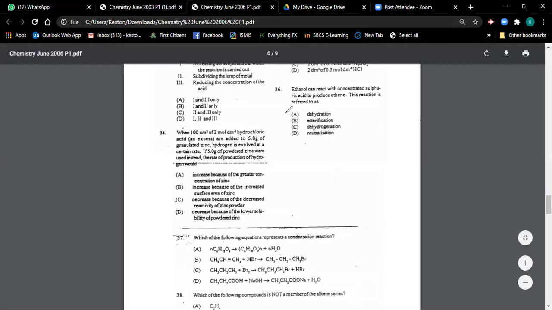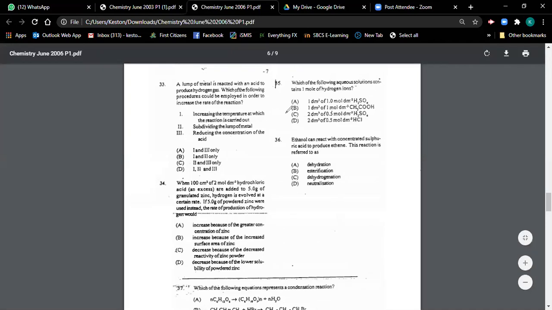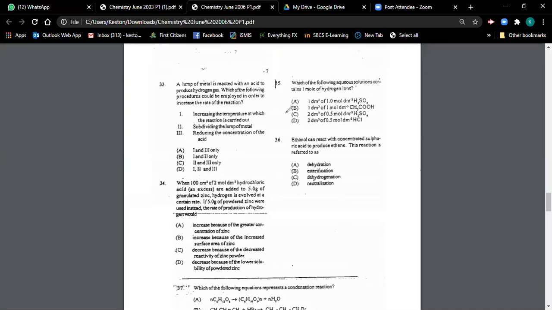35. Which of the following aqueous solutions contains 1 mole of hydrogen ions? One mole of hydrogen ions. Well done, Shadon.